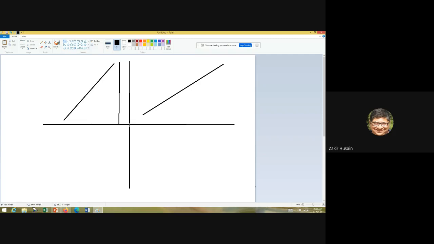Okay, so this is the S plus T and this is the 45-degree line. Okay, so I'm just shaping.